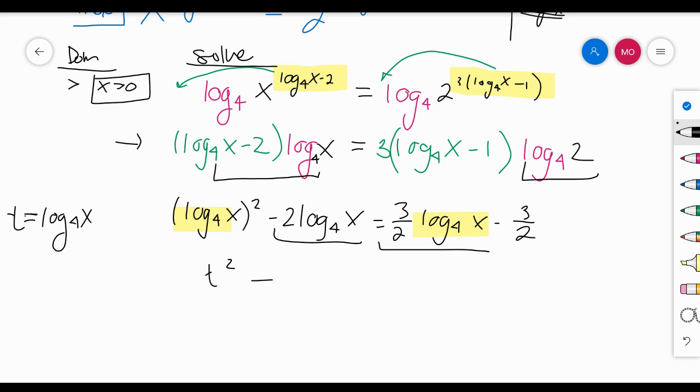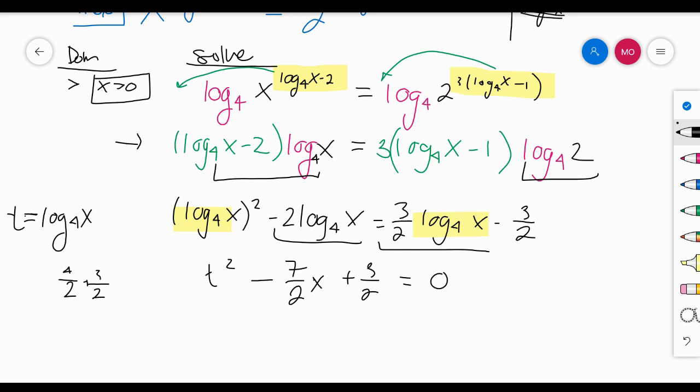So what do we get? Minus 7 over 2 t, and then finally, for the number, it's just going to be plus 3 over 2. And that's going to equal 0.